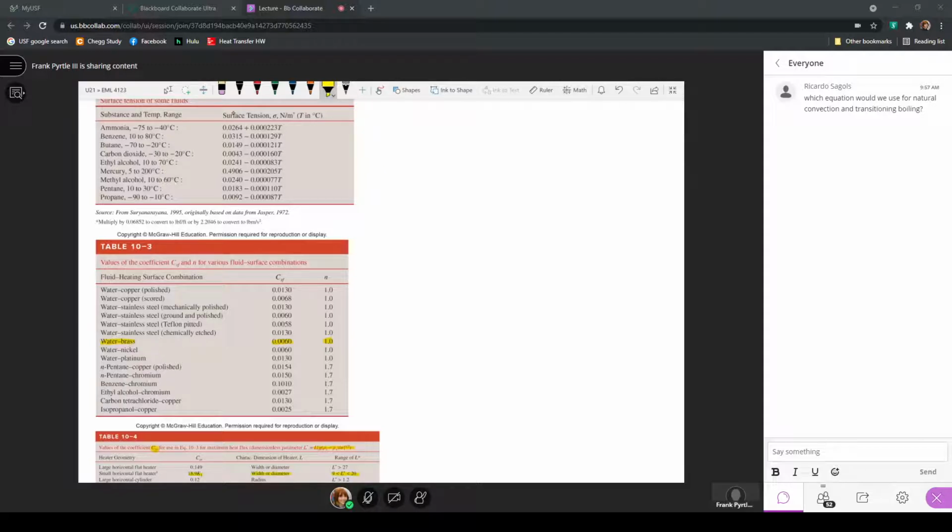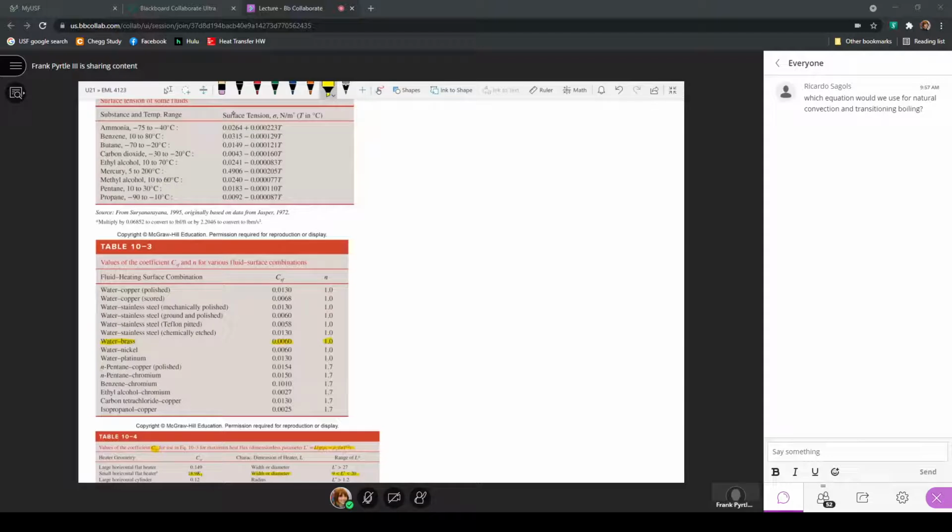Notice that for copper that's polished and copper that's scored, meaning it's scratched, this provides more nucleation sites, because there are little scratches where water vapor can be produced much more easily than if it's polished. When I look at polished copper, 0.013, stainless steel that's polished, 0.013, and stainless steel that's ground and polished, we get a slightly different value.